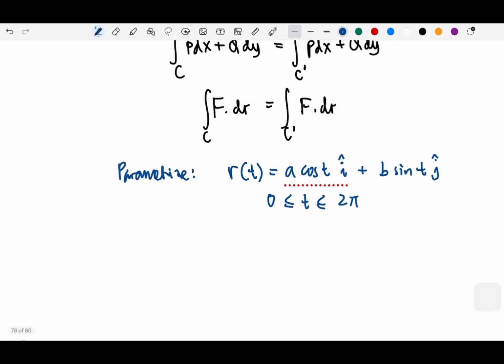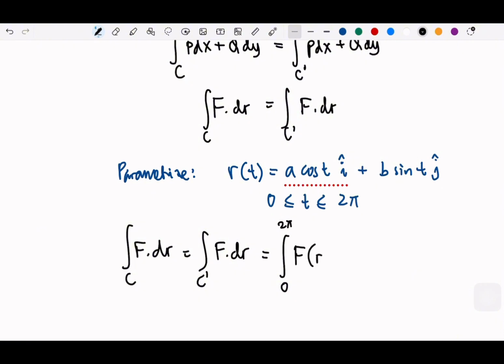Now, if we take the integral of F dot dr, this will be equal to the integral over C of F dot dr, which we can use the vector r, which we define as a circle in the middle of the whole region. Then this will be equal to, we're using t, now we change r into t, so this will be the integral from 0 to 2 pi of F of r(t) dot r prime(t) dt.